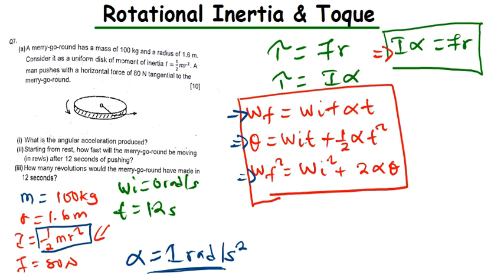Now the first formula is this, equal to that. I'll shift initial to the other side, so I'll have the final minus initial is equal to alpha t.